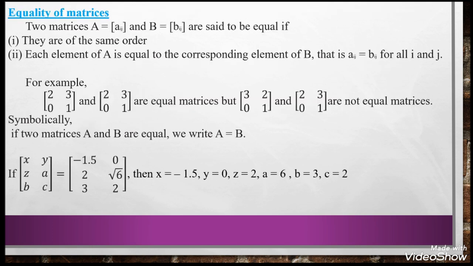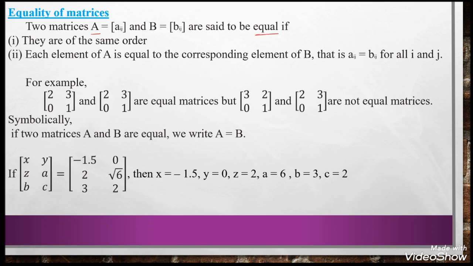Let us take another concept, equality of matrices. This is an important concept: two matrices A and B are said to be equal. Here I consider two matrices, A equal to Aij of order m by n and Bij of order m by n, said to be equal.